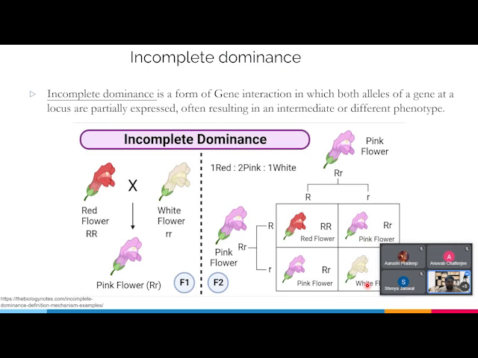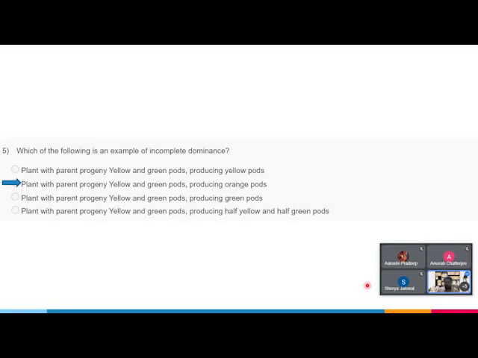So in case of incomplete dominance, we get an intermediate or blended form of the genotype. So the correct answer should be the plant with parent progeny yellow and green pods producing orange pods. Option D, producing half yellow and half green color, is not correct, because when we segregate the different genotypes into individuals, they then combine to form a separate genotype.